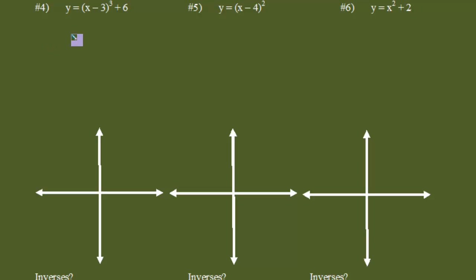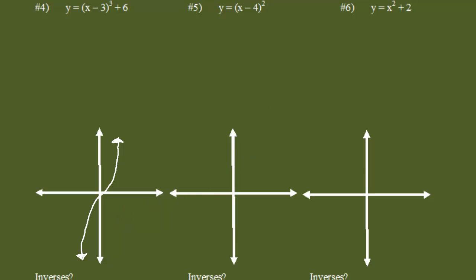So number 4, we got y equals the difference of x and 3 cubed plus 6. So let me go ahead and graph that first of all. Don't graph this yet. I'm going to do some things here. Let me just get this started out. This is what the parent looks like, parent being y equals x cubed.